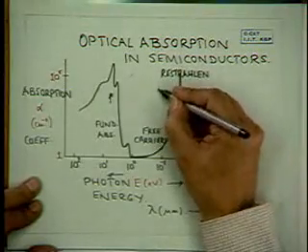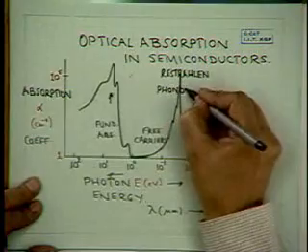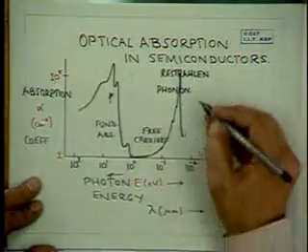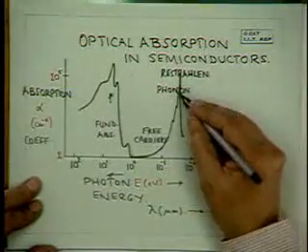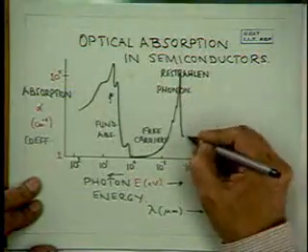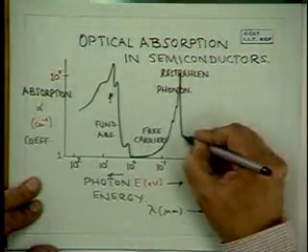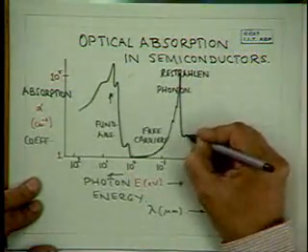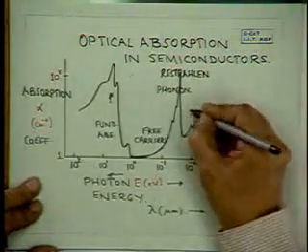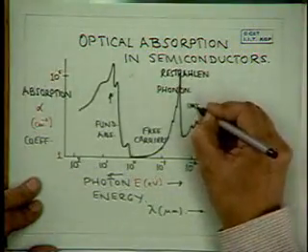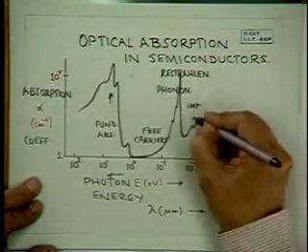So we have phonon bands here at a distinct wavelength, and thereafter the optical absorption decreases, and we have peaks due to impurity absorption.